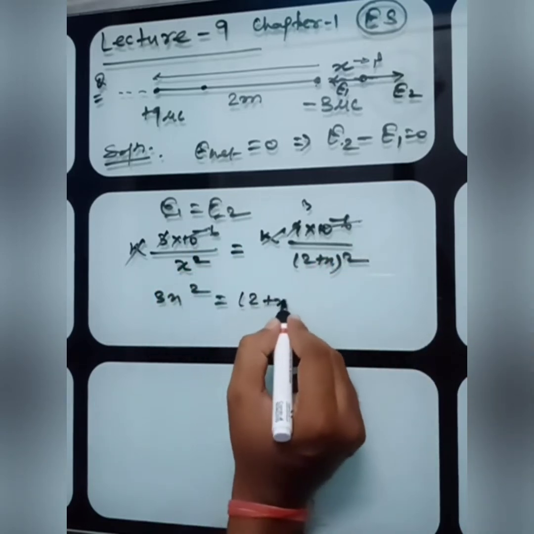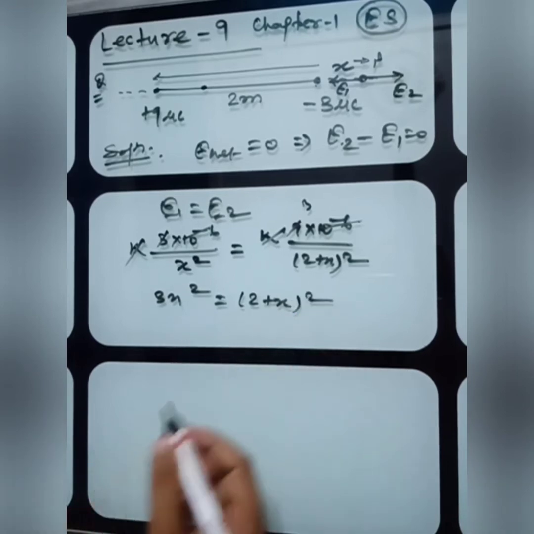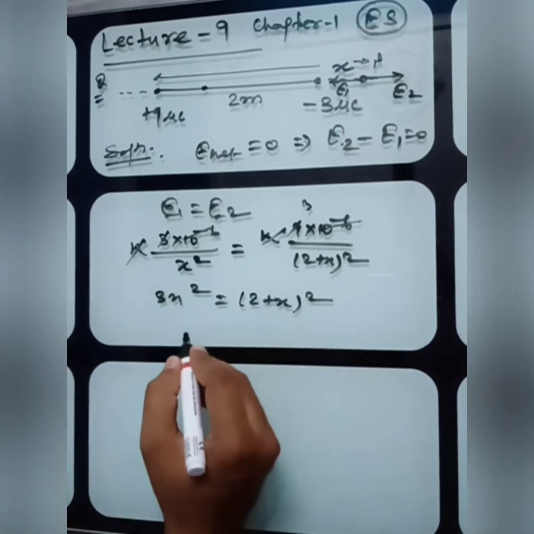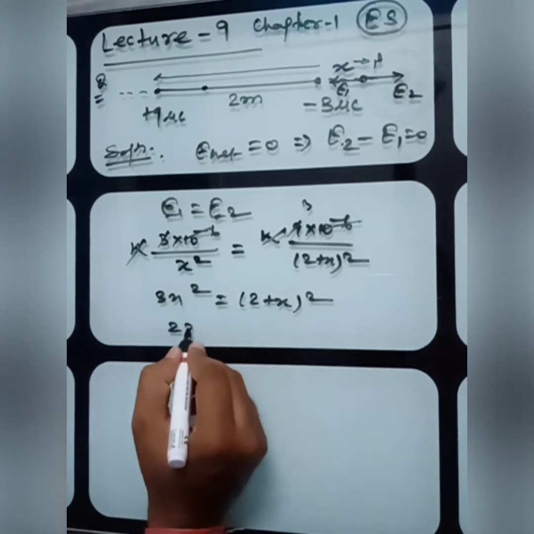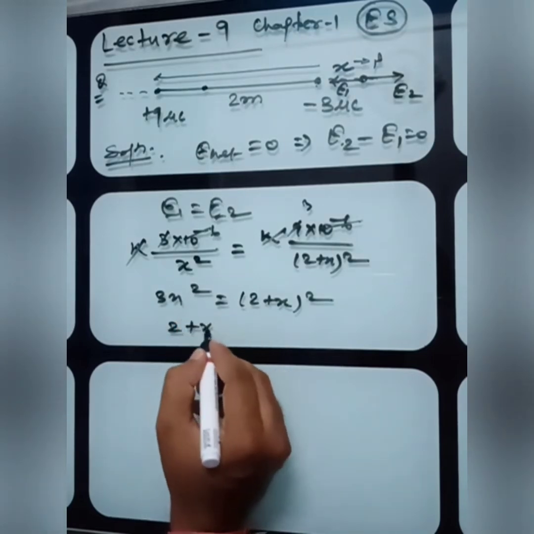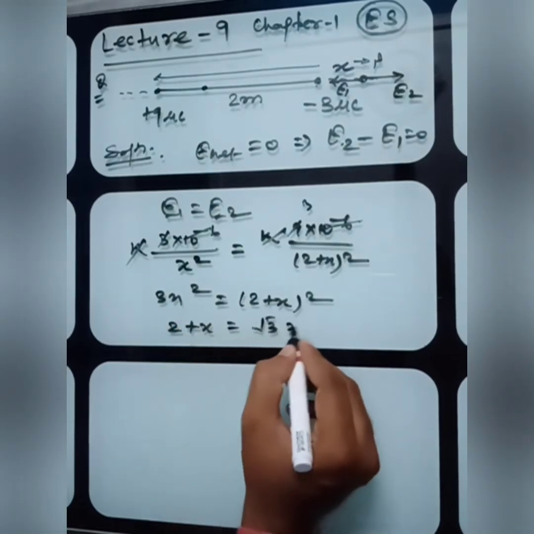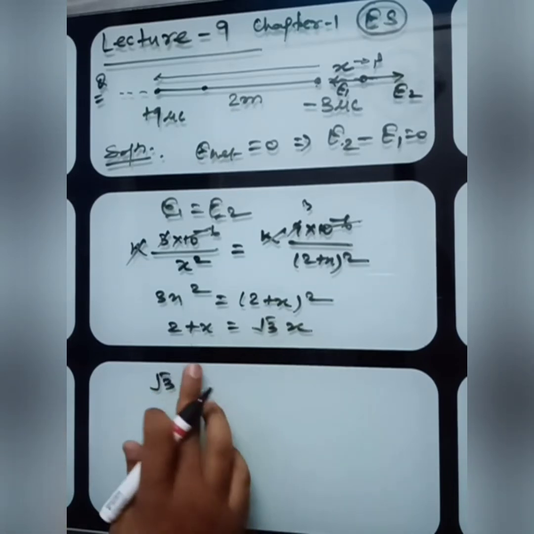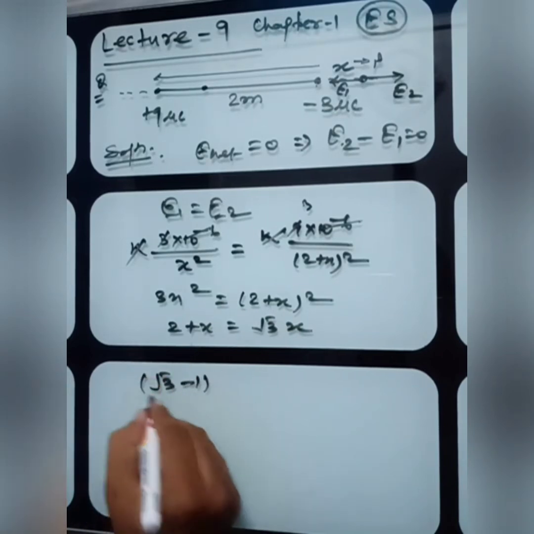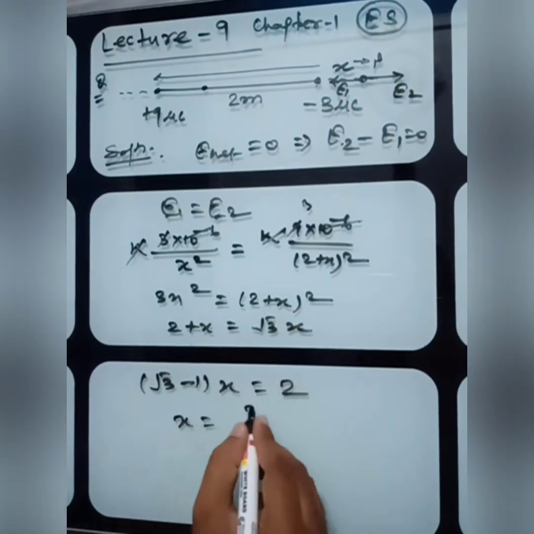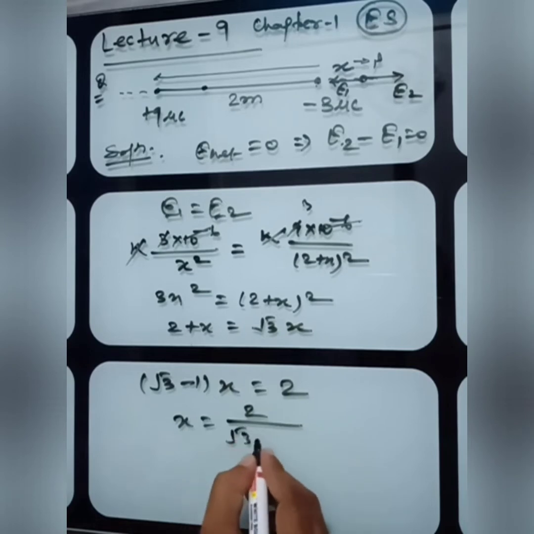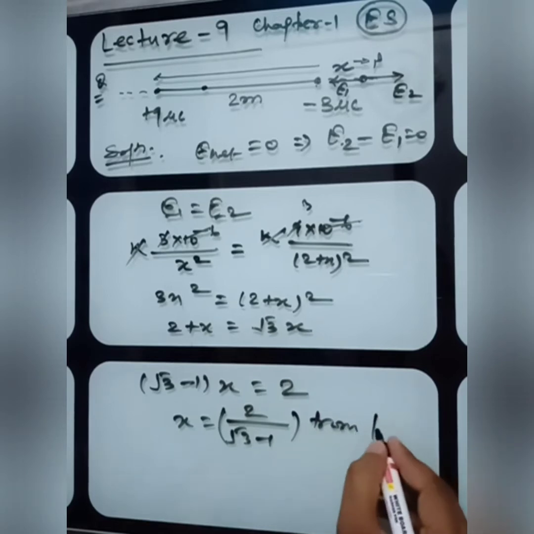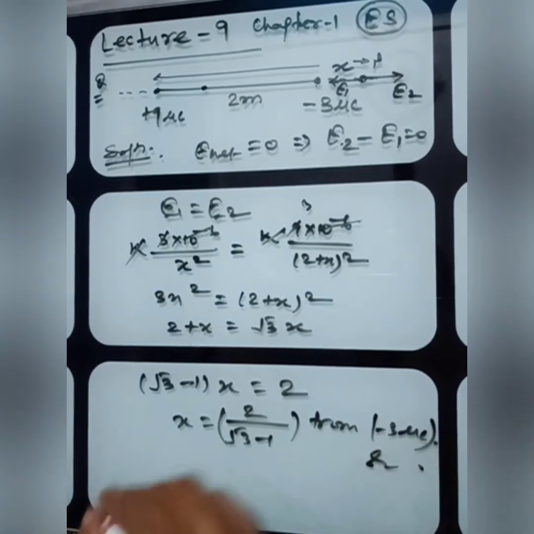Due to this data, the calculation becomes a little complex, but don't worry. 2 plus x is root 3 times x, so root 3 minus 1 times x equals 2, so x equals 2 over root 3 minus 1, from which charge? From the minus 3 microcoulomb charge.